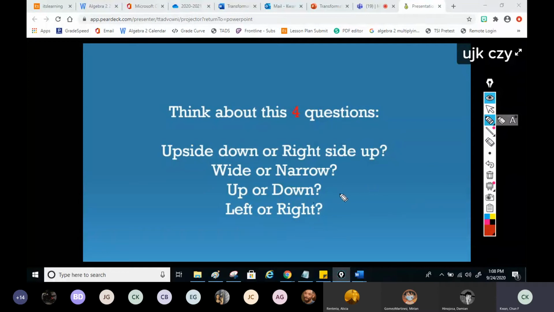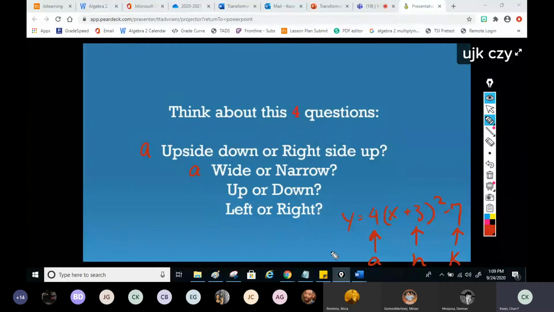When you look at the equations I gave you, whatever equations I gave you, okay? I can give you any equations. Looking at this, the A, the H, and the K, try to figure out these 4 questions. The A tells you upside down or right side up, wide or narrow.